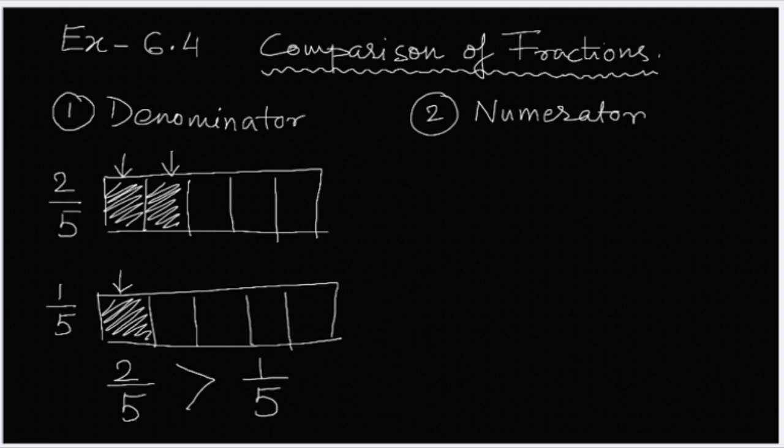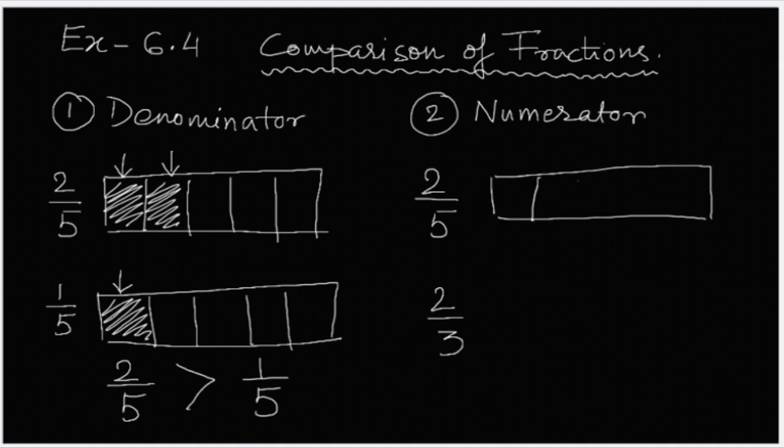But when we compare it with respect to the numerators with the same numerator, suppose we have here 2 by 5 and here you have 2 by 3. So here the chocolate bar will be divided into 5 equal parts, and here the chocolate bar will be divided into 3 equal parts only.